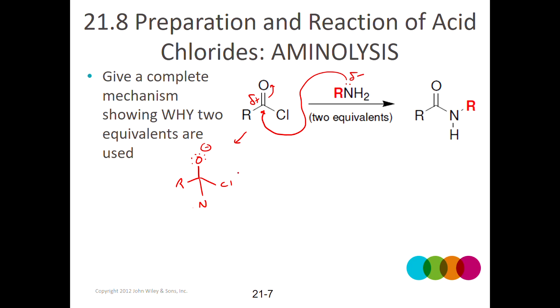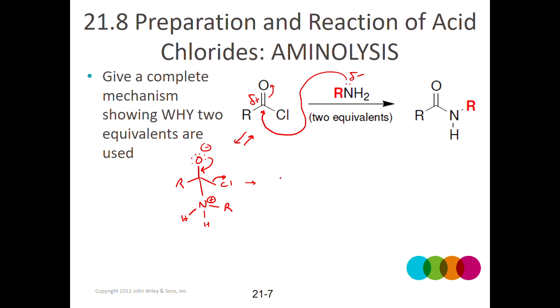So this nitrogen still has 1 R group and 2 protons. That gives it a positive formal charge. So now the most likely next thing to occur probably would be the intramolecular loss of the leaving group. It could also push the nitrogen back out, so that step could definitely be reversible.